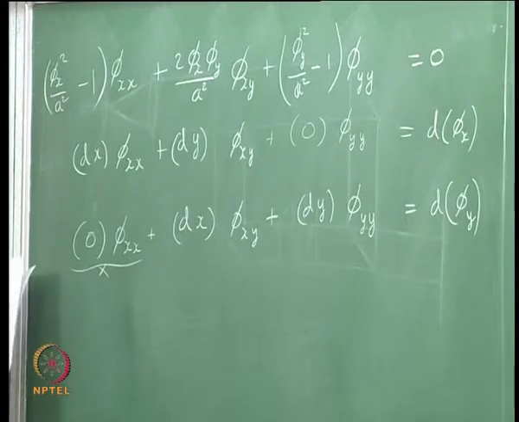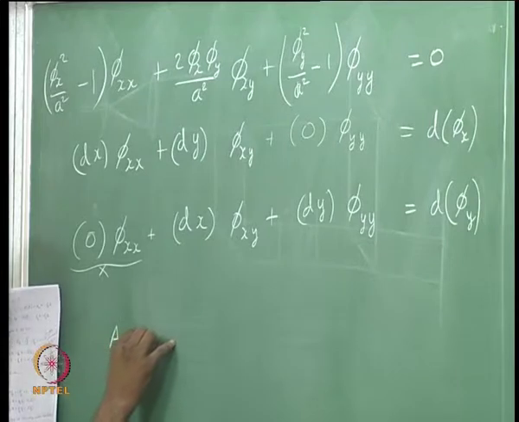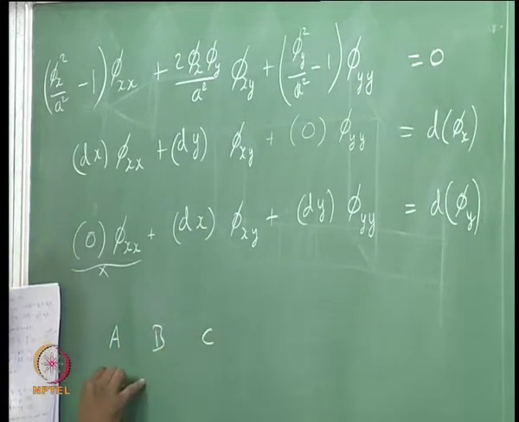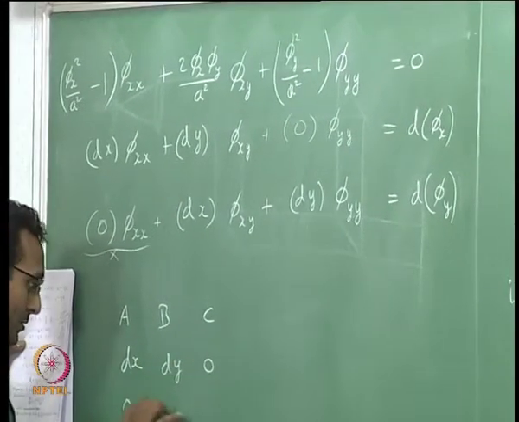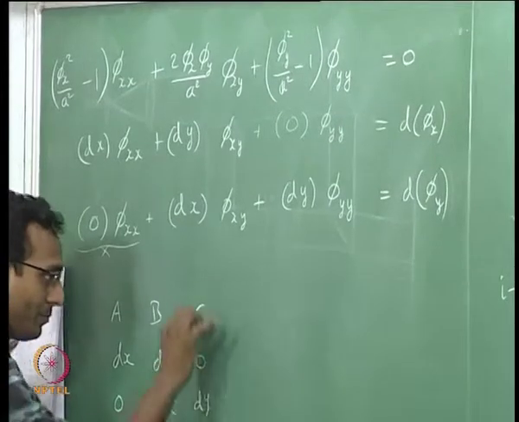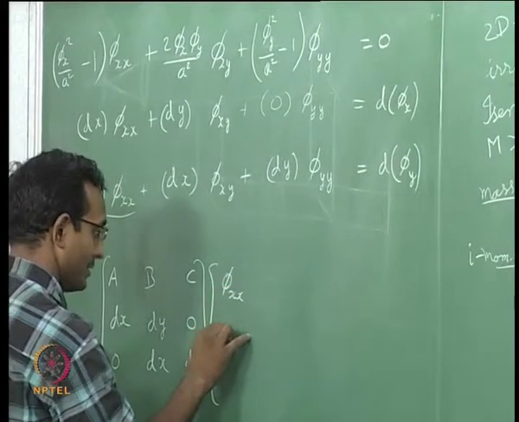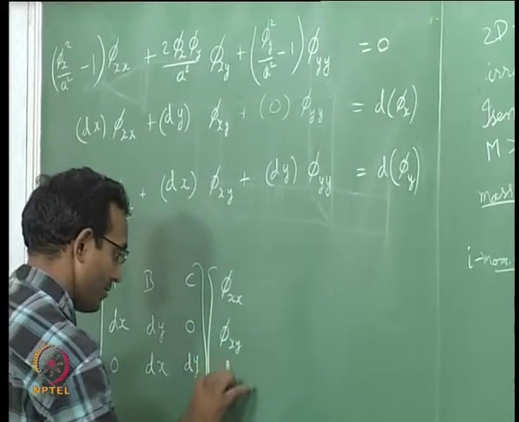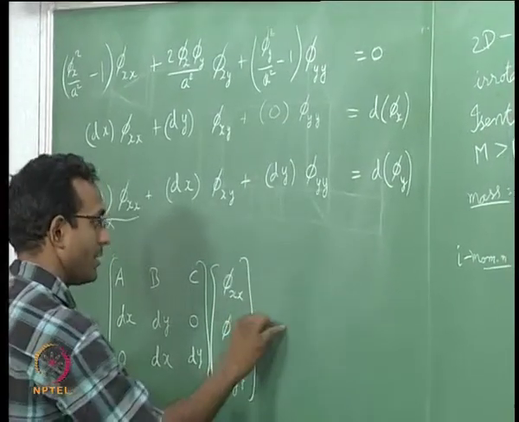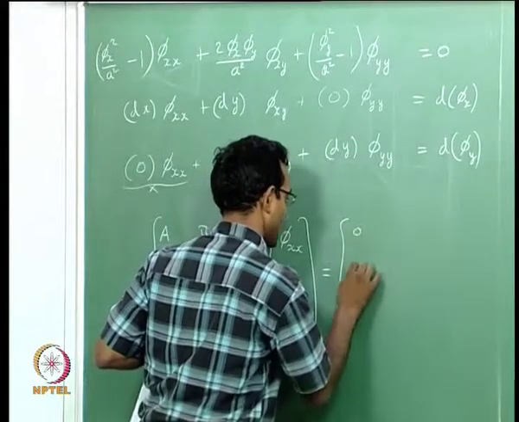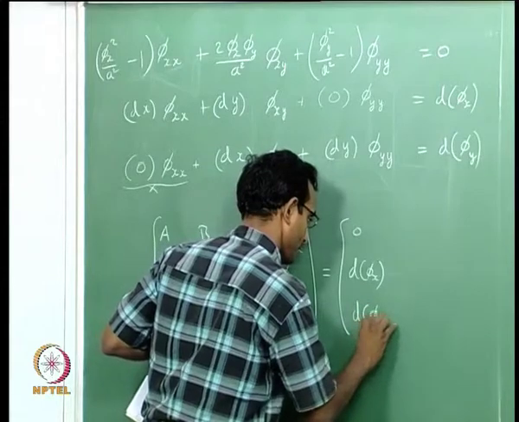So this can be decoupled into a form where it looks like I have a b c, dx dy 0, 0 dx dy, this matrix multiplied by phi xx, phi xy, phi yy, equal to 0, d of phi x, d of phi y.